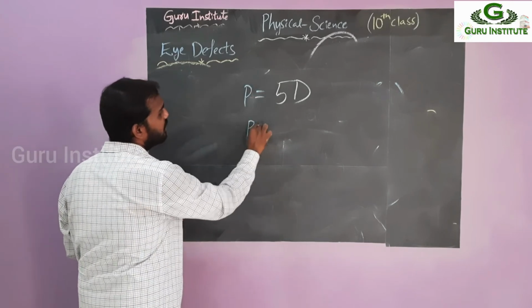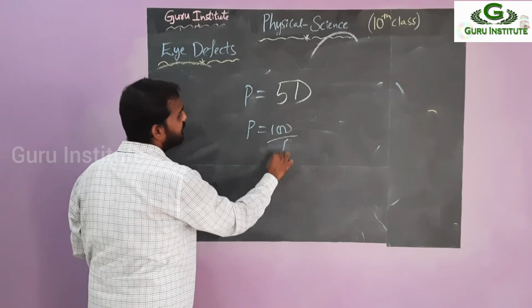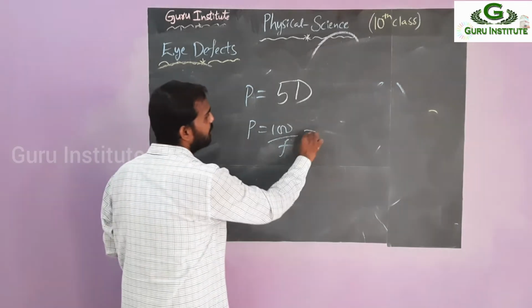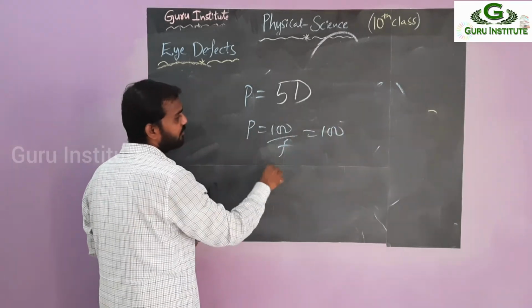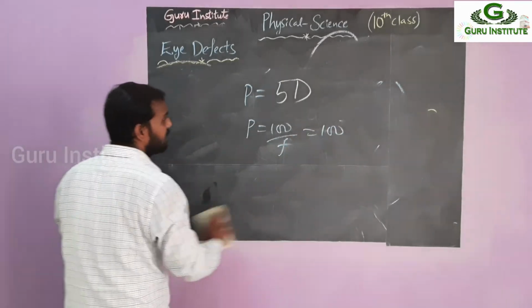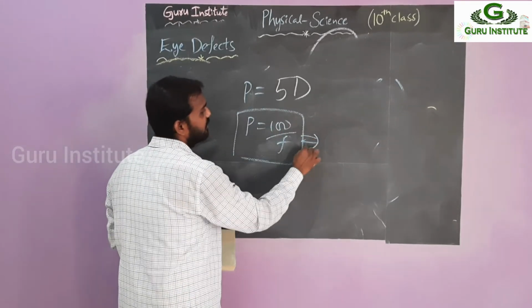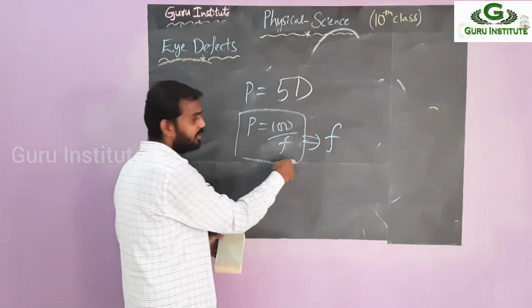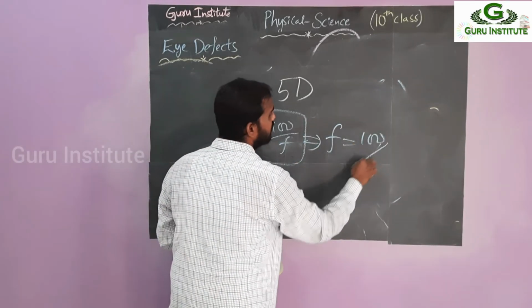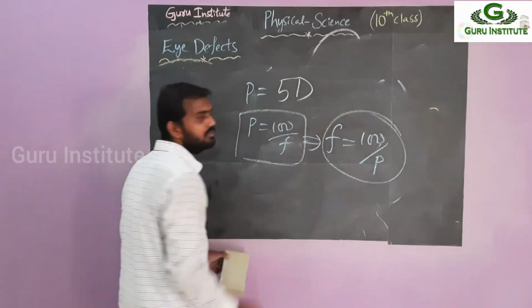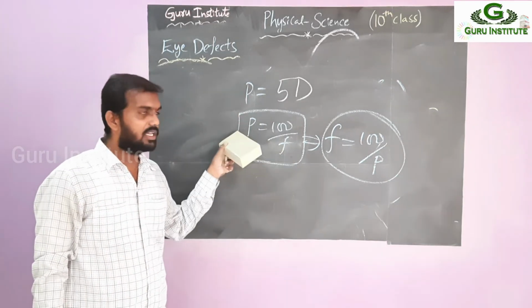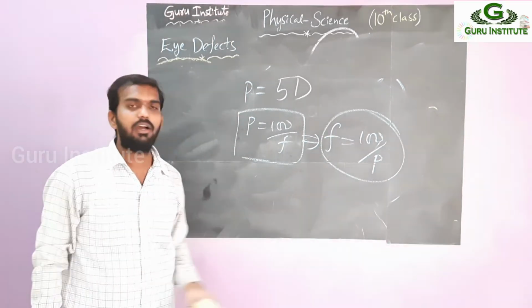Then the power formula is P is equal to 100 by F. Maximum use the 100 by F formula only, you get it easily. From this formula we can write it in reverse also: F is equal to 100 by P. Both are correct. The denominator becomes the numerator and the numerator becomes the denominator.